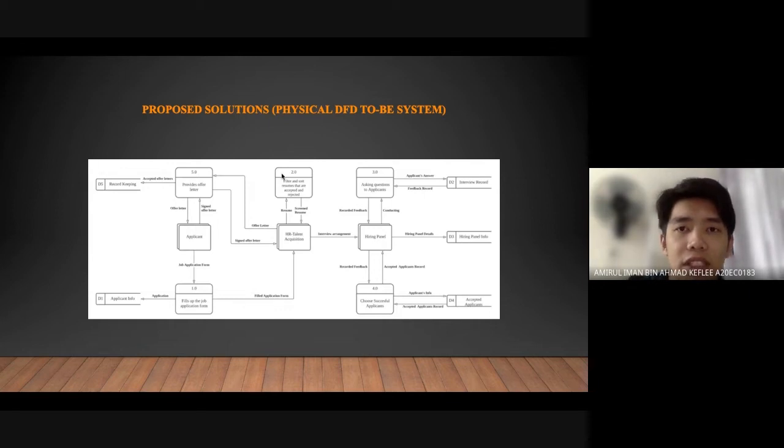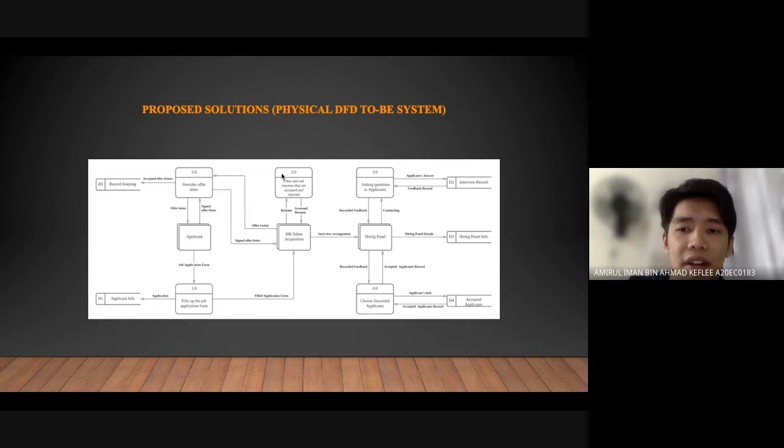Then D2 is record keeping, the interview record data store, with details of all the interviews, from the job applicant's answers until their marks. Then D3 is the hiring panel, a data store which keeps the profile of the hiring panel. D4 is the accepted applicant data store, where the details about the accepted applicant info and their interview record are kept.